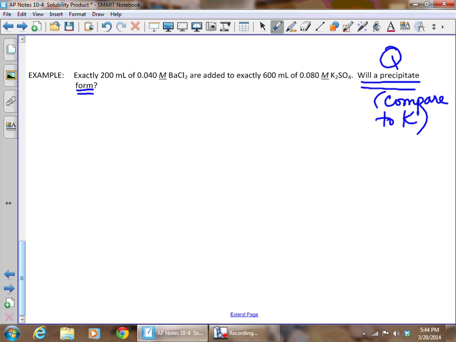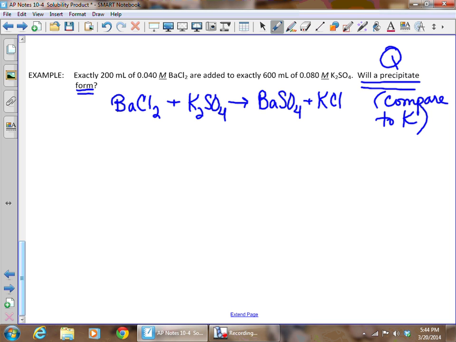Now it does not give us a KSP value in this instance. But if we mix these two solutions together, let's think about what will form. If we put BaCl2 and add that to K2SO4, we are going to form barium sulfate, and we are going to form potassium chloride. Keep in mind that our barium sulfate is going to be our precipitate.